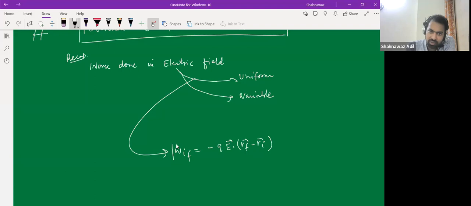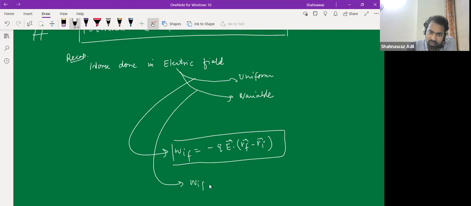So this was the work done for the uniform one. And for the variable one, work done in bringing a charge from initial to final was minus Q integral from initial to final of E dot dr. So this we did in the previous class.